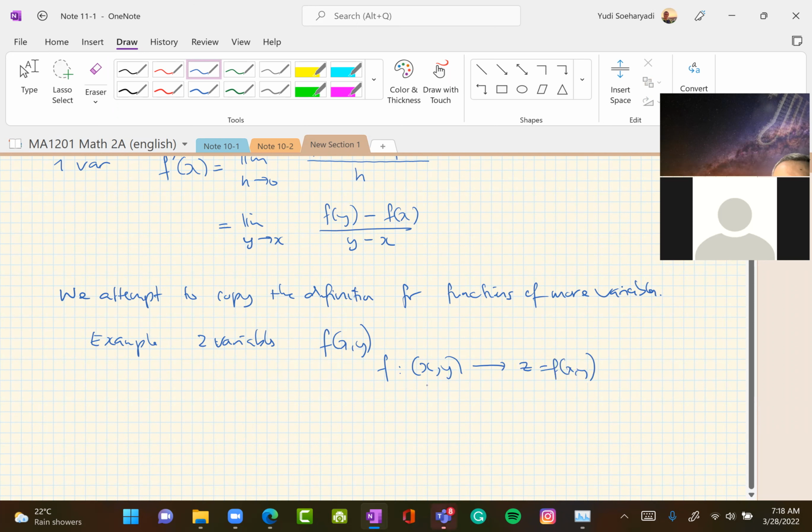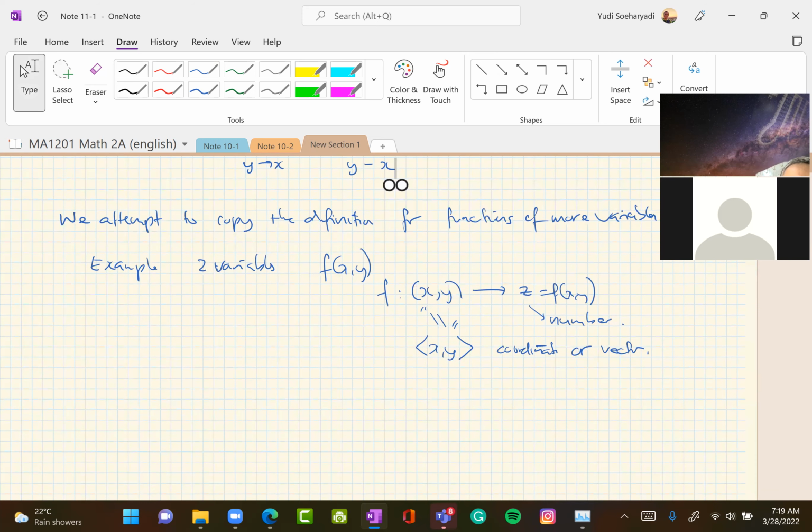You can think of this as a pair of numbers, or as a vector, or as a coordinate. Here is the number.